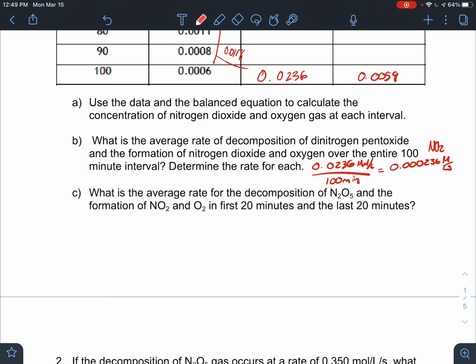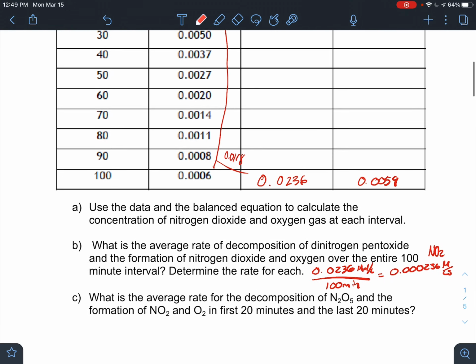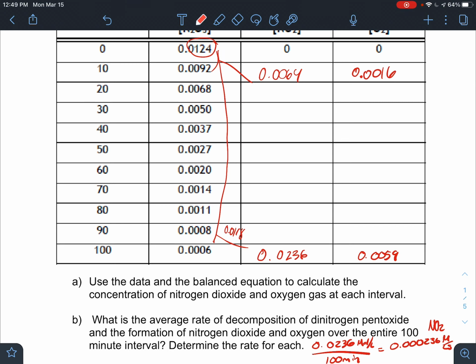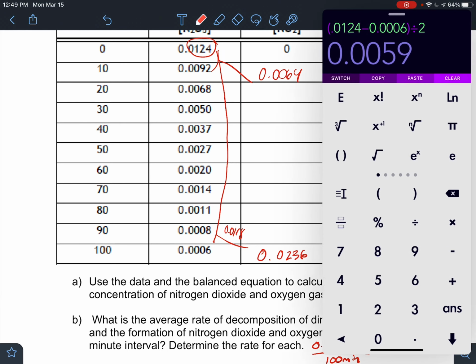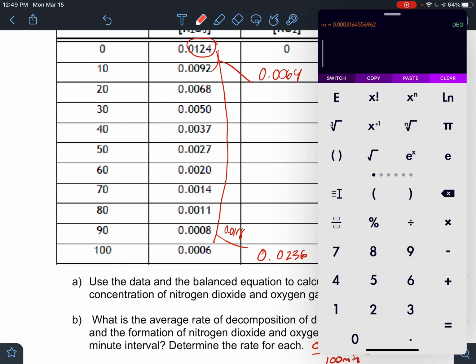What is the average rate of decomposition and formation in the first 20 minutes and the last 20 minutes? So that's where we might find something interesting in terms of the comparison. I'm going to do, again, 0.0124. Oh, I should put that bracket in, as I know I'm going to need it.